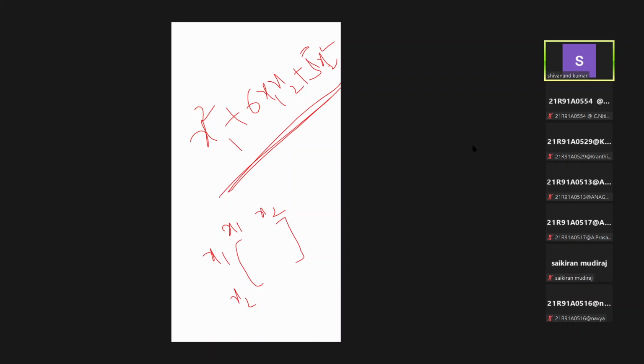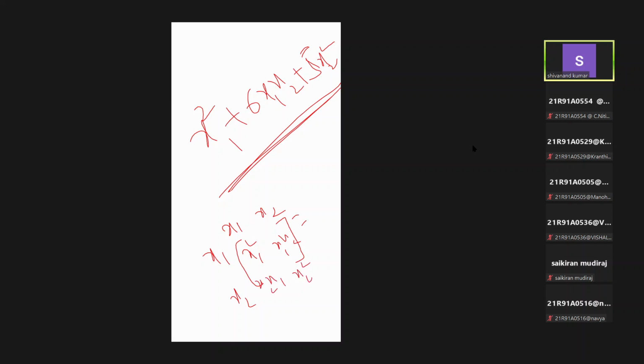Is it visible to everyone? Yes, sir. Now see here. If x1, x2 are there, you can write a 2 by 2 matrix. If x1, x2, x3 are there, you can write a 3 by 3 matrix. So x1 into x1 is x1 square, x1 into x2, x2 into x1, and x2 into x2 is x2 square.